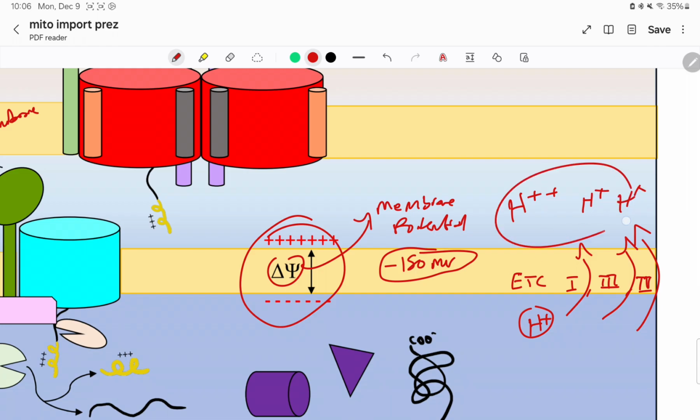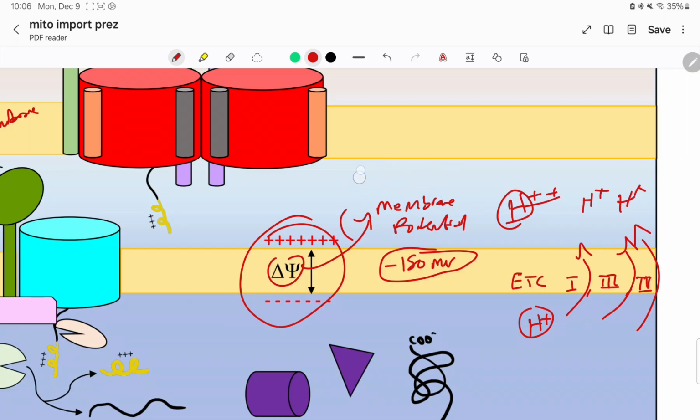Now, what that's going to do is create an electrical and chemical gradient. It's also going to create a pH, so this place is going to be more acidic. Now, this refers to a membrane potential, but if I were to be truly honest with you guys, it stands for something called the PMF, the proton motive force, which is actually built up of the membrane potential and the pH.